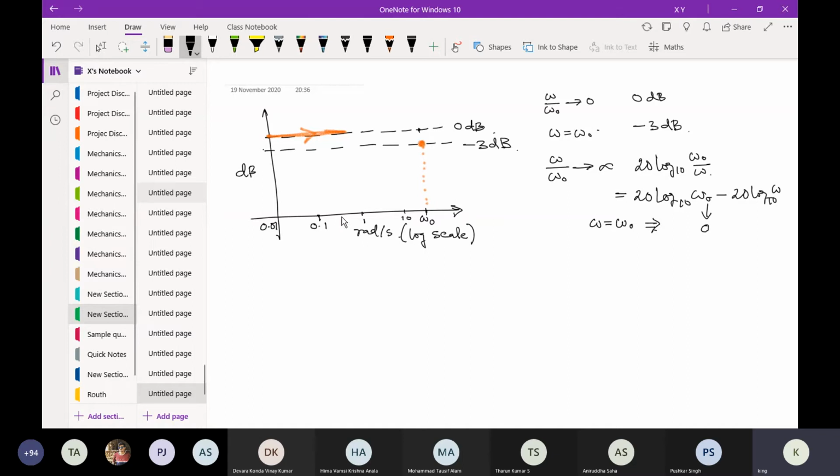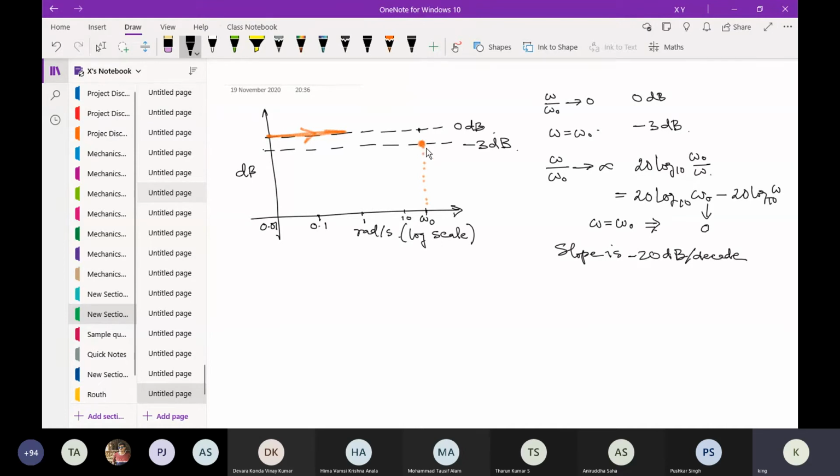They are equally spaced, and these gaps with multiplication of 10, 0.1 to 1, are known as a decade. So the slope is minus 20 dB per decade.